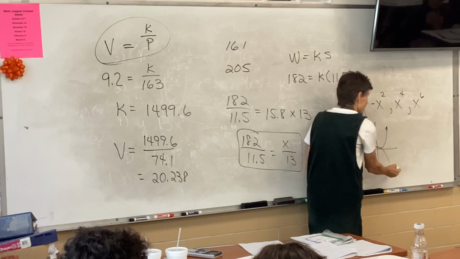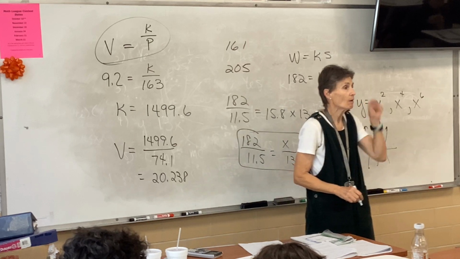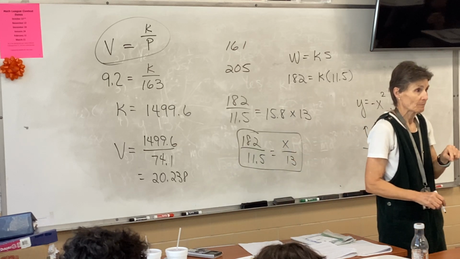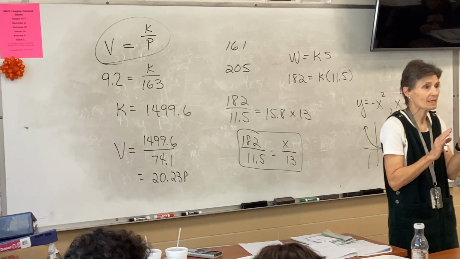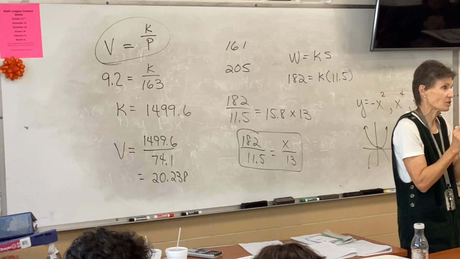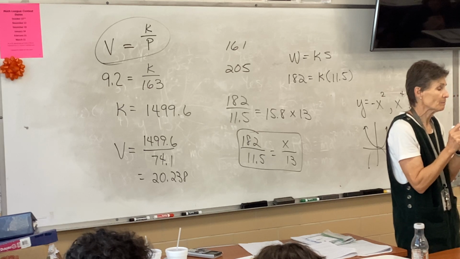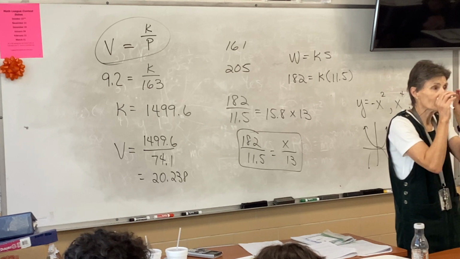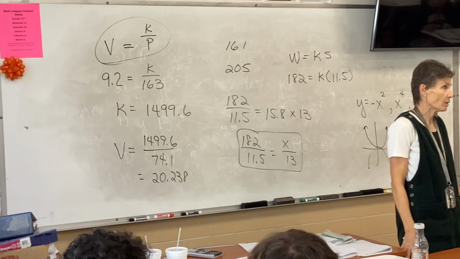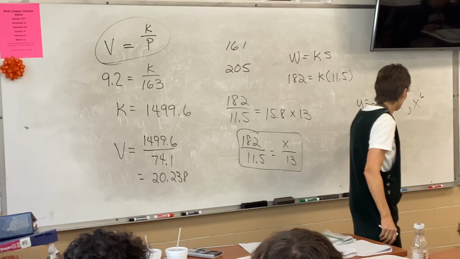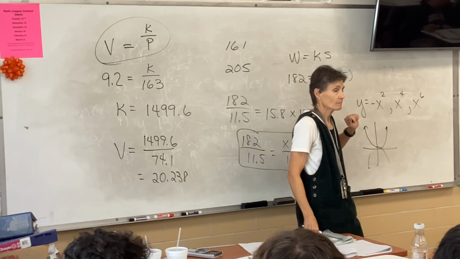It will turn it upside down. That's how evens behave. Okay, this is going to be important because you're going to be graphing some crazy things and you need to know where to start and end that picture. So if it's x to an even power, the behavior is up, or down, depending on a negative.